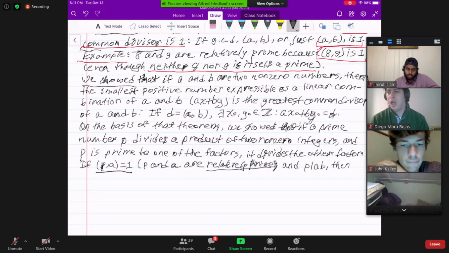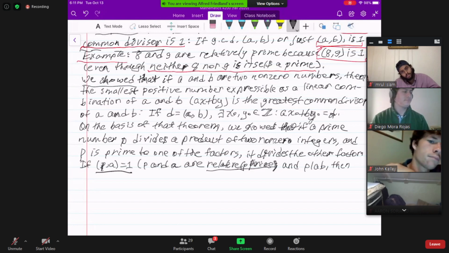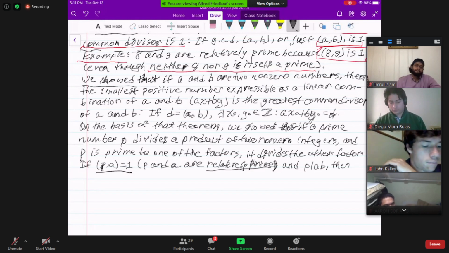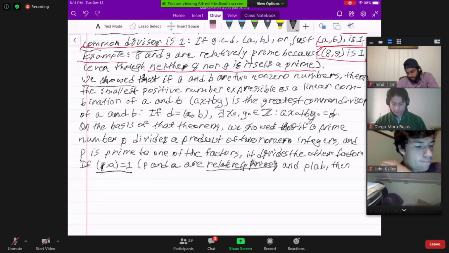And remember what we did then? We wanted to get B involved, so we multiplied through by B. And we saw that on the left-hand side of that equation, each term had a factor of B. So you could pull it out and show that P divides what you get as B on the right.